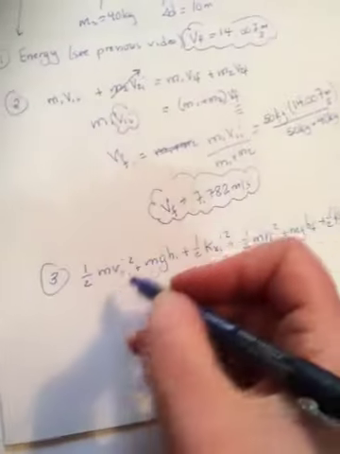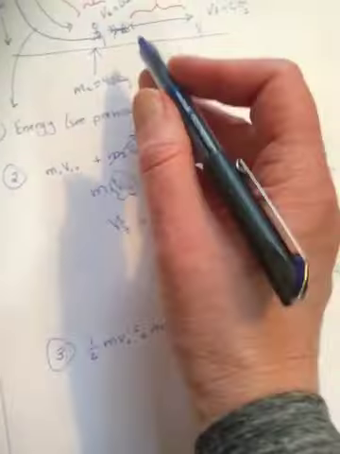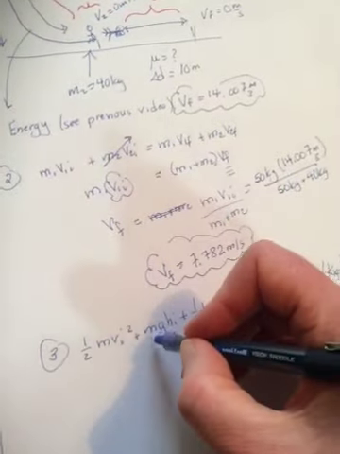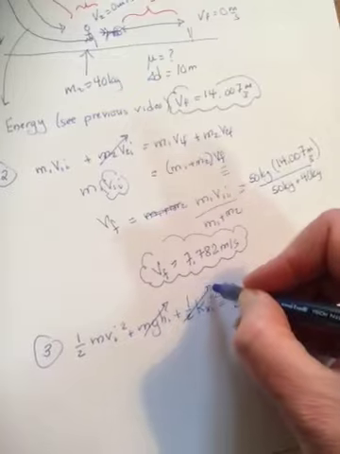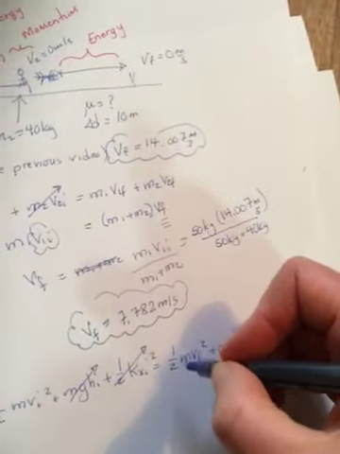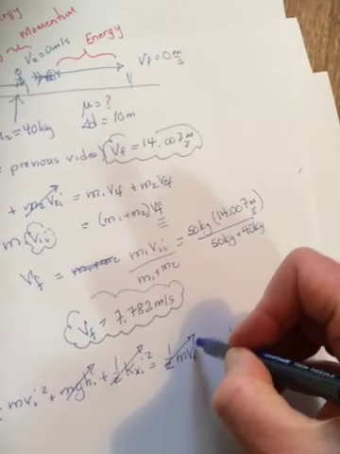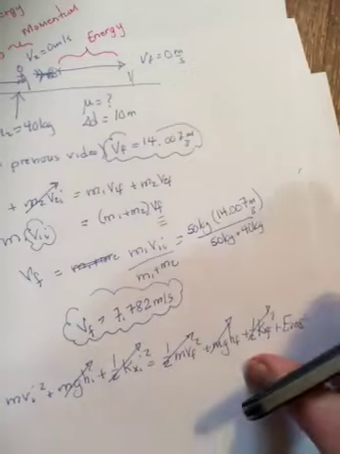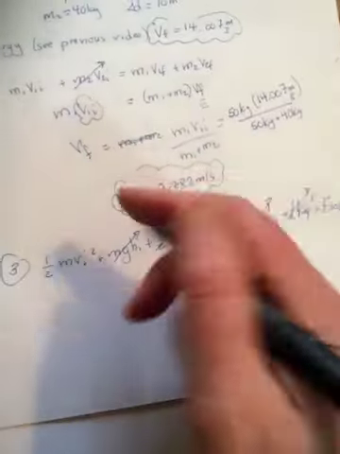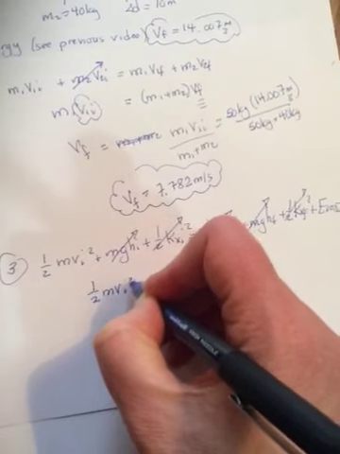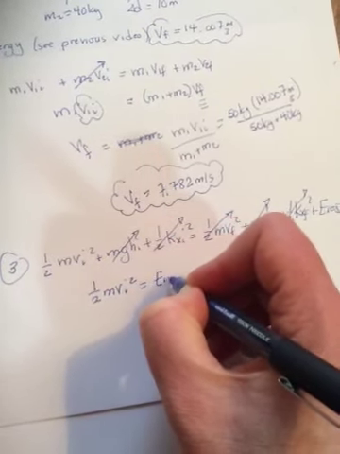Initially, when they go careening across the playground, do they have a speed? Yes. Do they have a height? Nope, they're on the ground. There is no spring. At the end, when they finally come to a stop, do they have a speed? Well, the key word there is stop. There's still no height and no spring, but there is an E lost. So this time, 1/2 mv initial squared equals E lost.